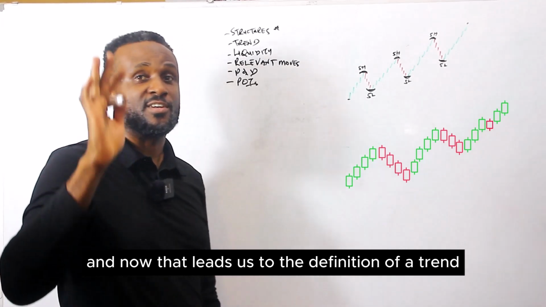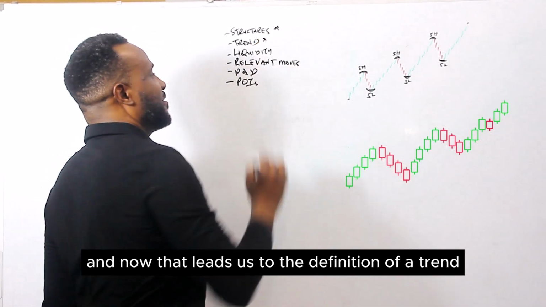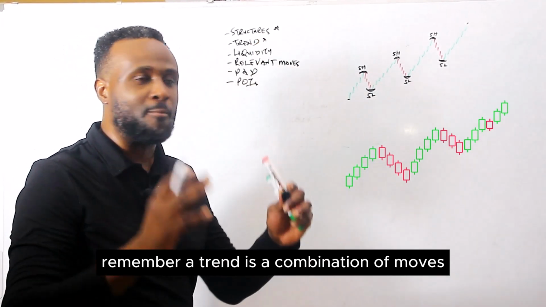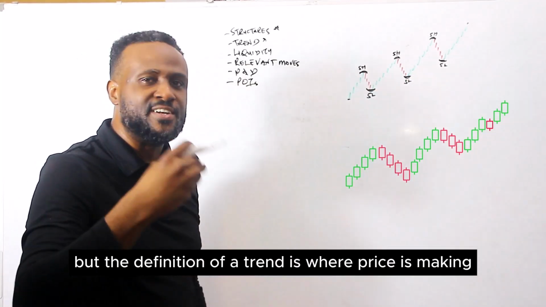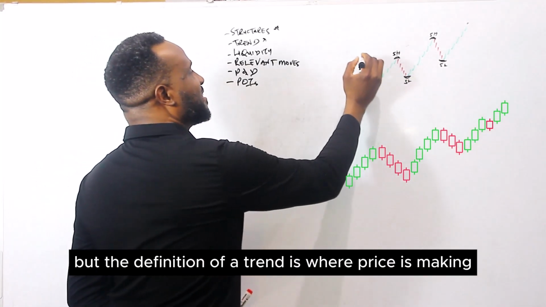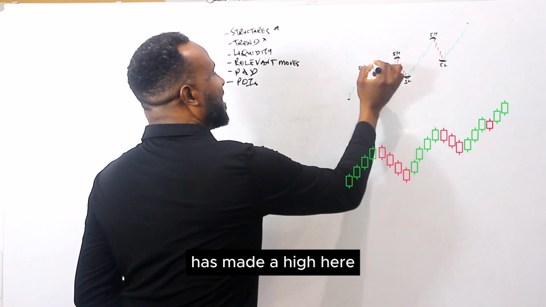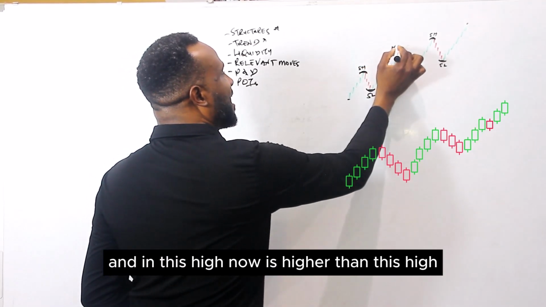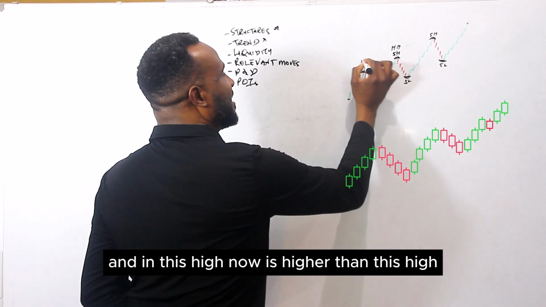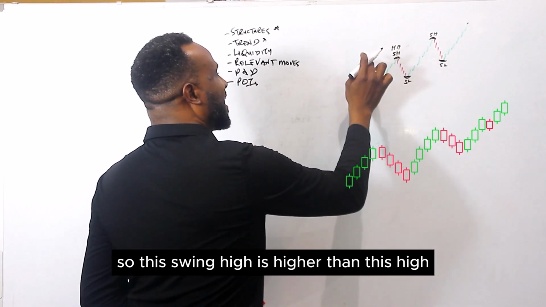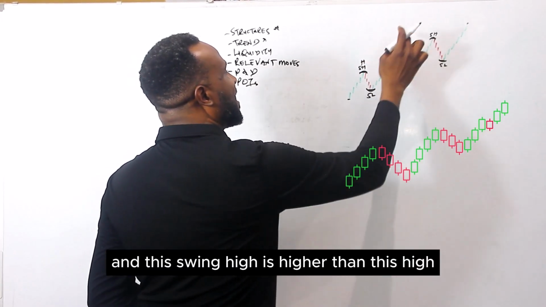And now that leads us to the definition of a trend, right? Remember, a trend is a combination of moves, but the definition of a trend is where price is making a high. So it made a high here, and this swing high is higher than this high, and this swing high is higher than this high.